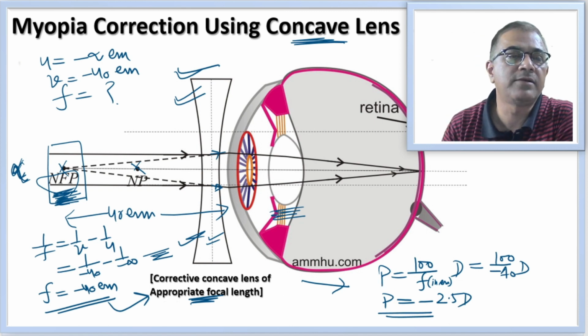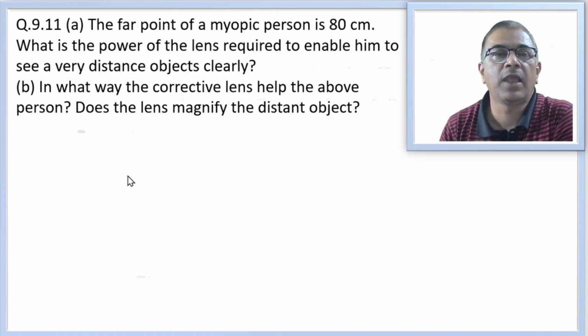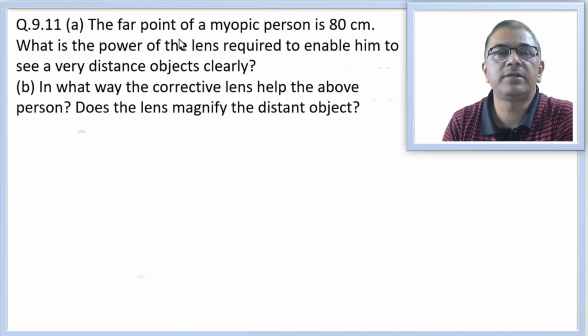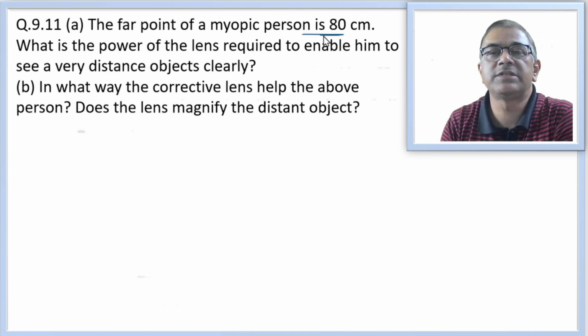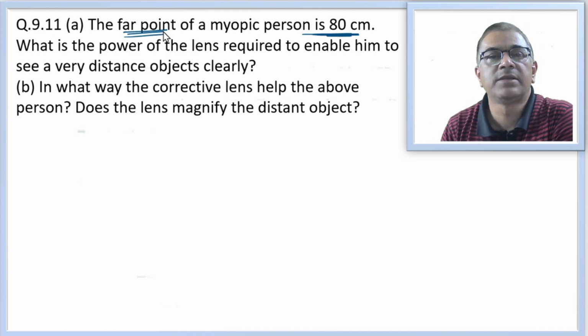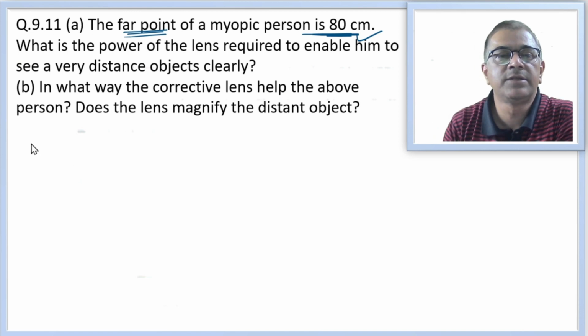So I have an NCERT numerical for you. In this numerical, the far point of a myopic person is 80 centimeter. You see, for the normal eye the far point is infinity, but for the myopic person the far point has come closer, and here it is 80 centimeter.